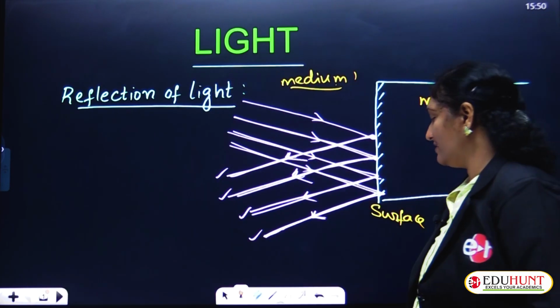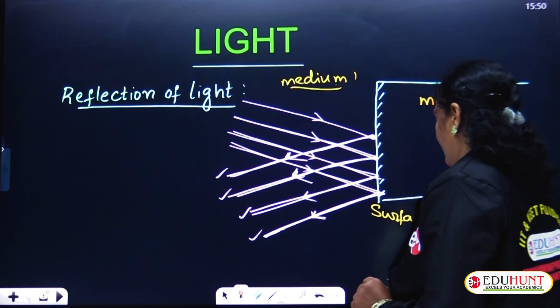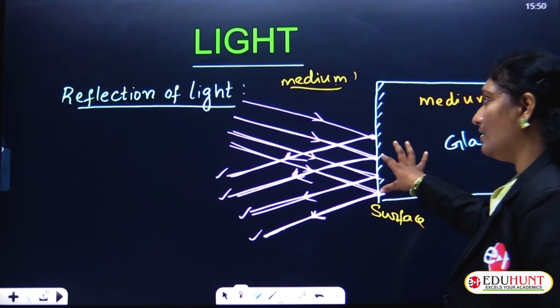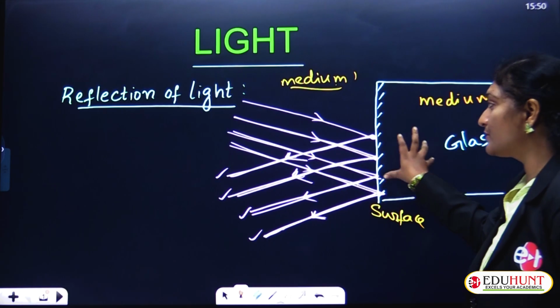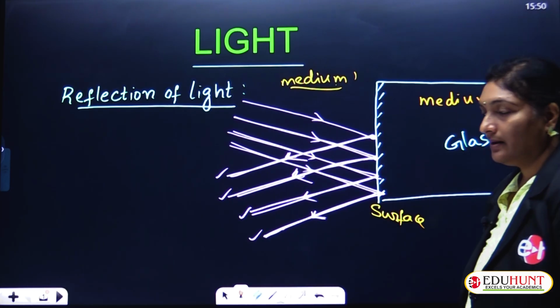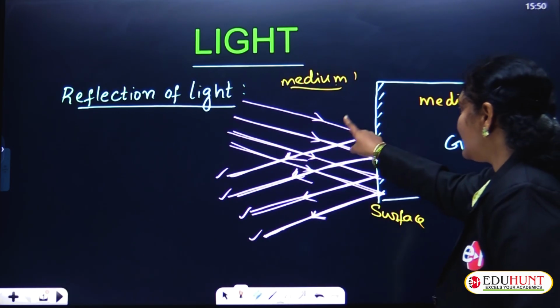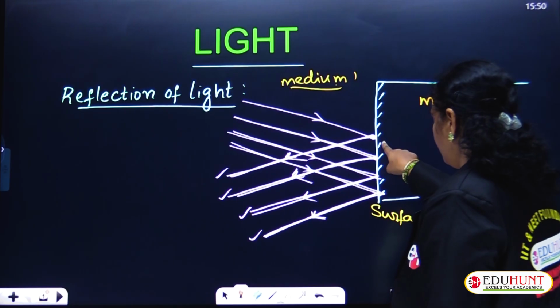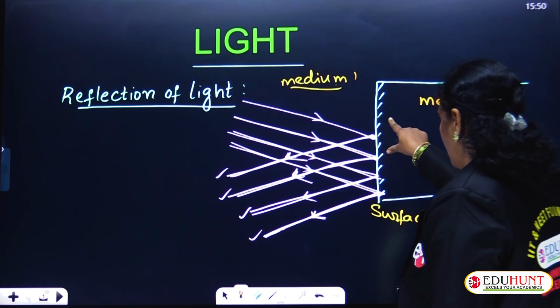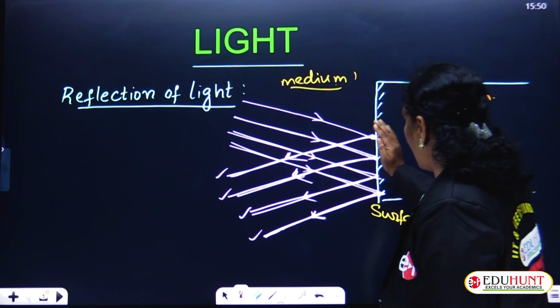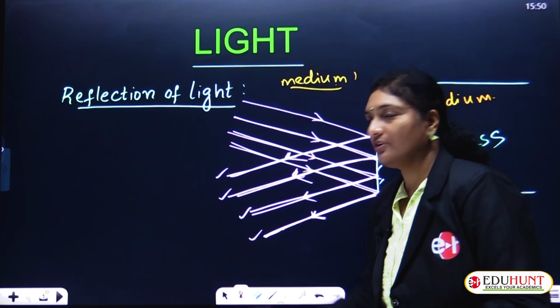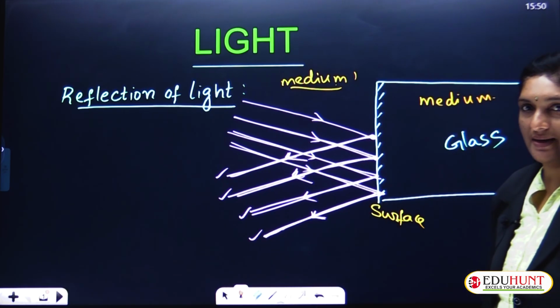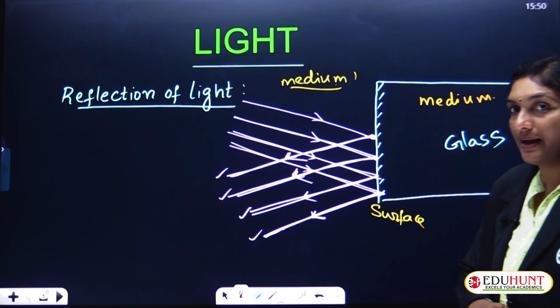Is the concept clear, children? Well, and let us try to also understand the types of mediums. So this light ray, as I said, some portion of the light ray is being returned back. Then what happens to the remaining part?